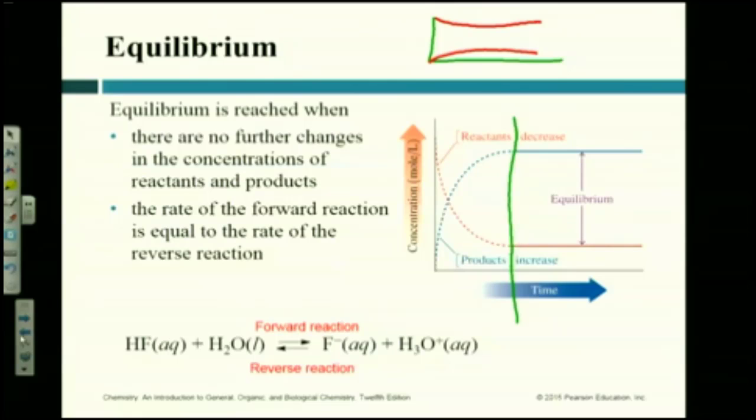Now, it doesn't mean nothing is happening. What's happening is reactants are going to make products, and products are going to make reactants, but that rate is the exact same. It's like if you put water in a bucket, and the bucket's full, what happens to the water?